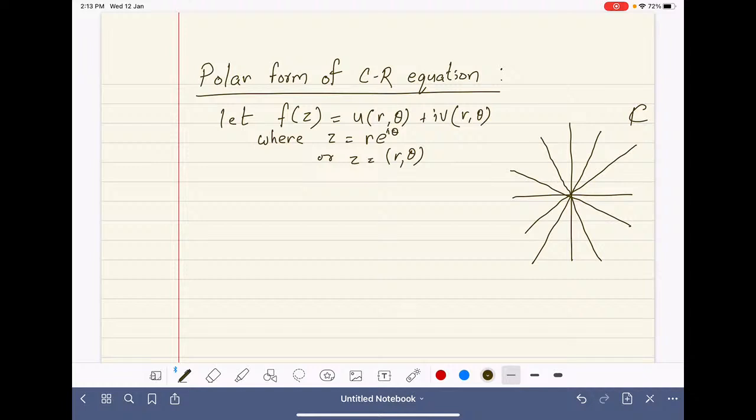Here each line is r, so this is r and this is theta, so this is point z, say.